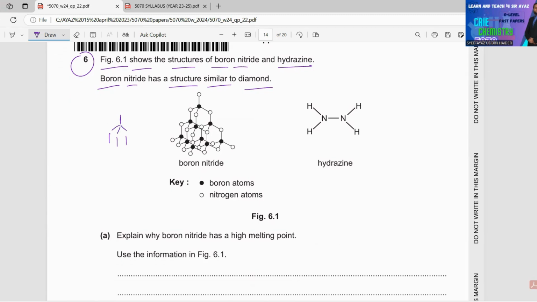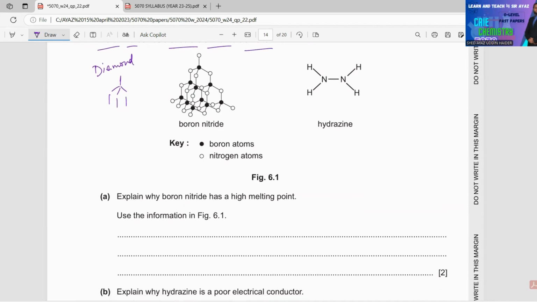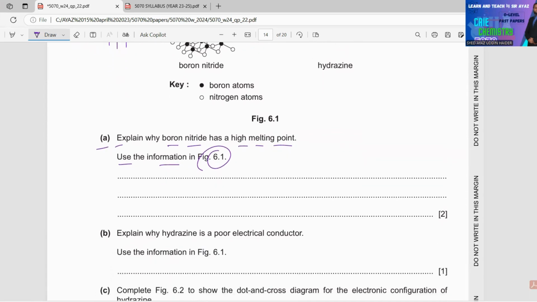The only difference is that diamond is an allotrope of carbon, while boron nitride is a compound. It's not an element. So A, explain why boron nitride has a high melting point. Use the information in figure 6.1. So in 6.1, they have already mentioned the structure resembles diamond.